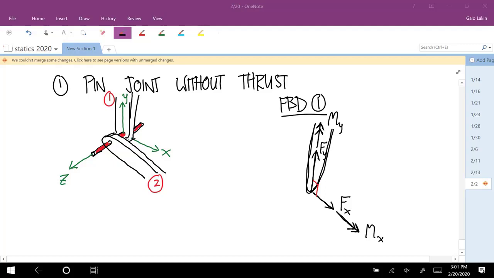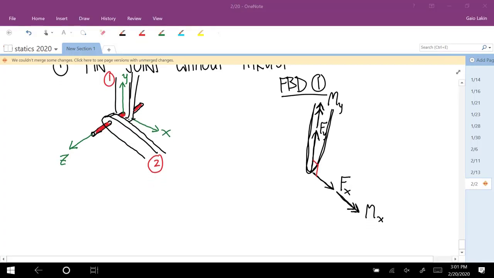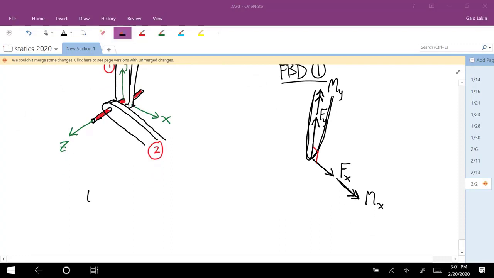Okay. When don't you need the couples? So when don't you use the two couples?